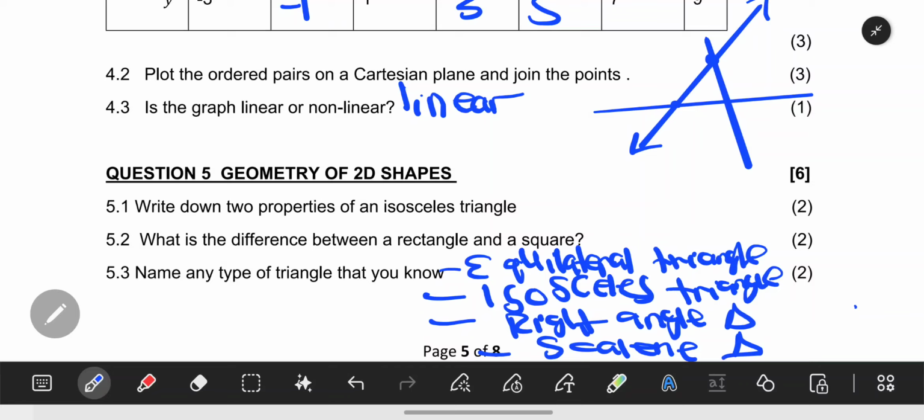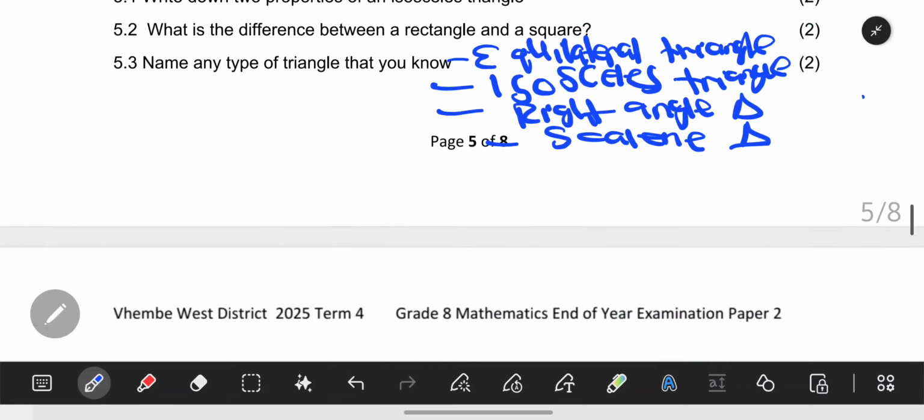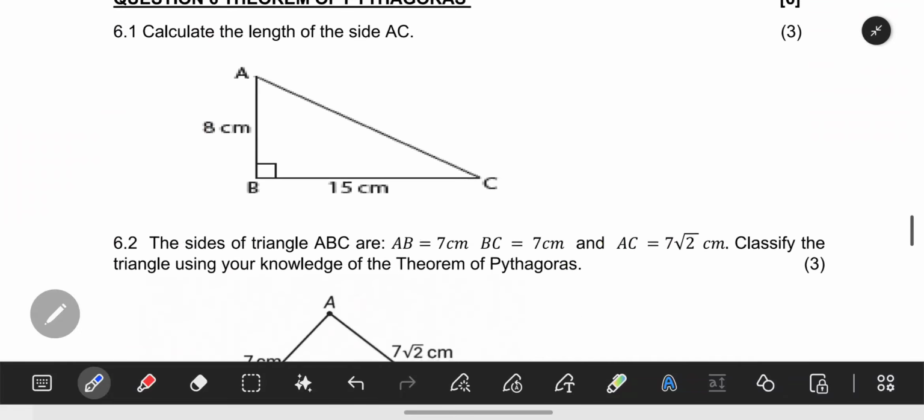Any one of the above. Okay, let's continue, guys.